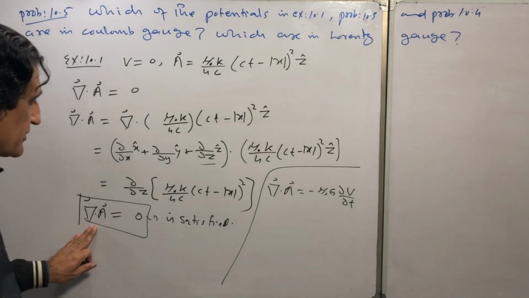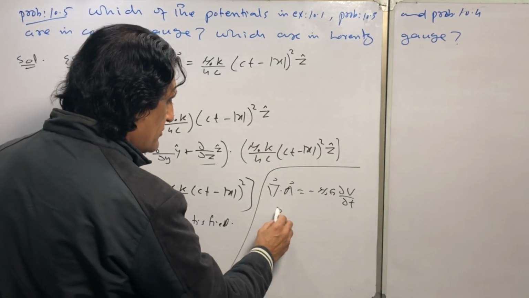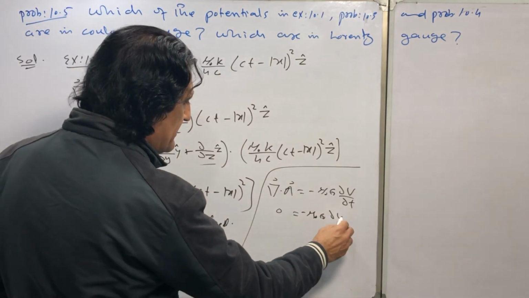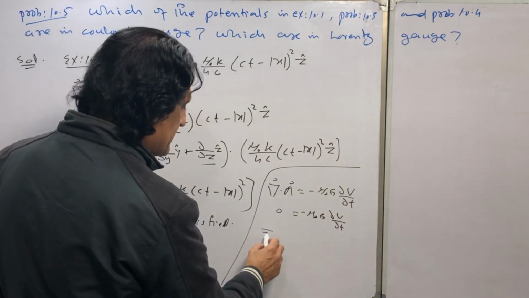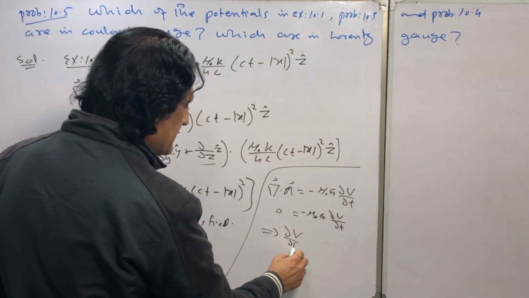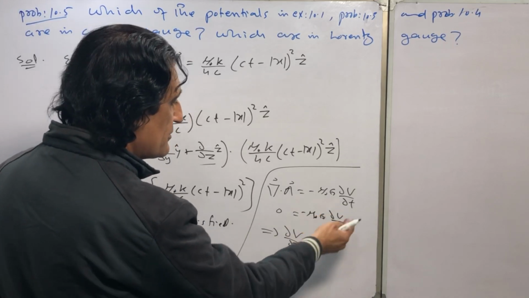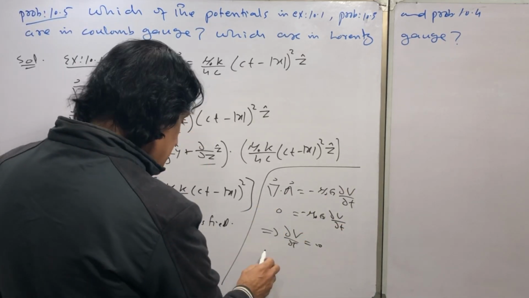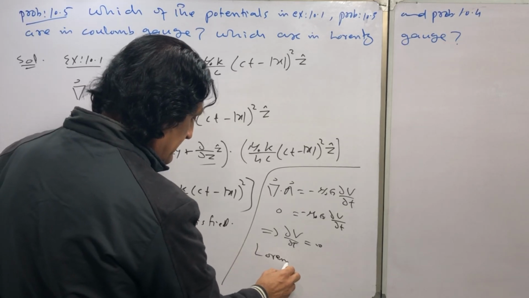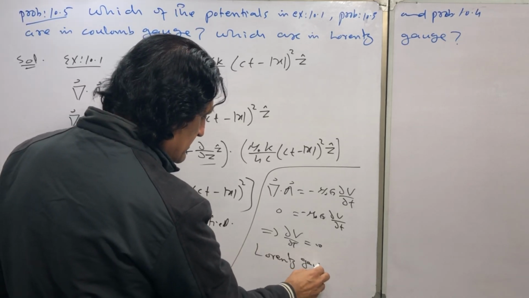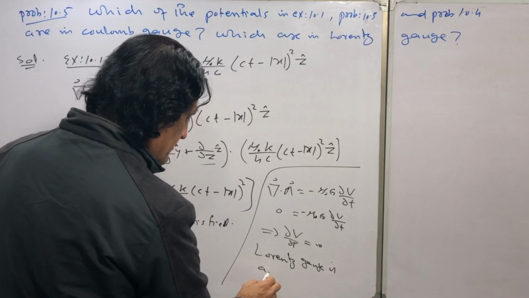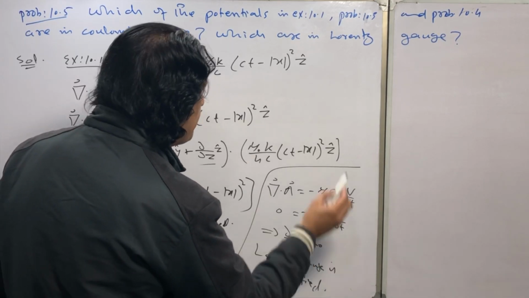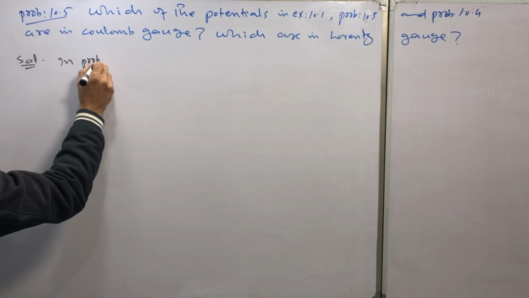If the divergence is equal to 0, then minus mu naught epsilon naught partial V divided by partial t is also 0. It means that partial V divided by partial t is equal to 0. This term is equal to 0, this term is equal to 0. It means that the Lorentz gauge is also satisfied.